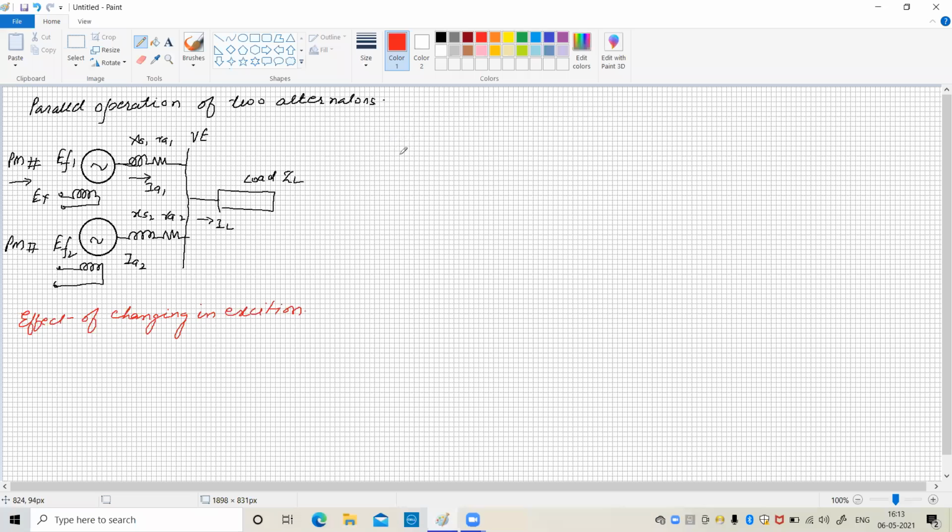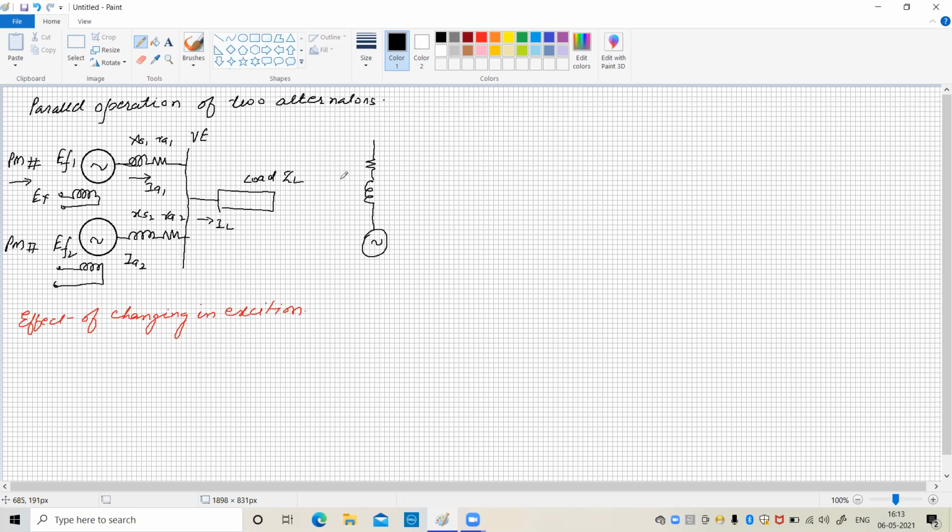Equivalent circuit of generator 1 is, say here it is a resistance, inductance and exciting current or exciting voltage.